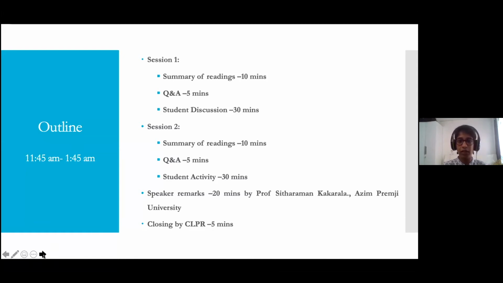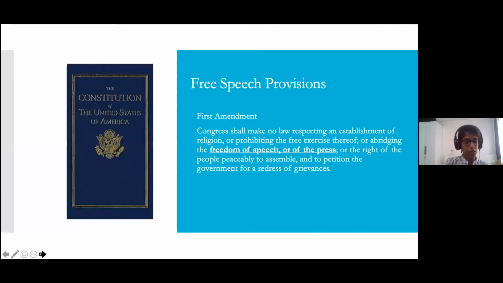Right, I'm assuming there aren't any questions on this, so we can start. With freedom of speech, I thought it would be interesting to start with just looking at the provisions in the 2 constitutions itself. So we'll start with the American Constitution. As we discussed, the freedom of speech provision was included in the Bill of Rights, the First Amendment, and found itself into the Constitution in 1791.